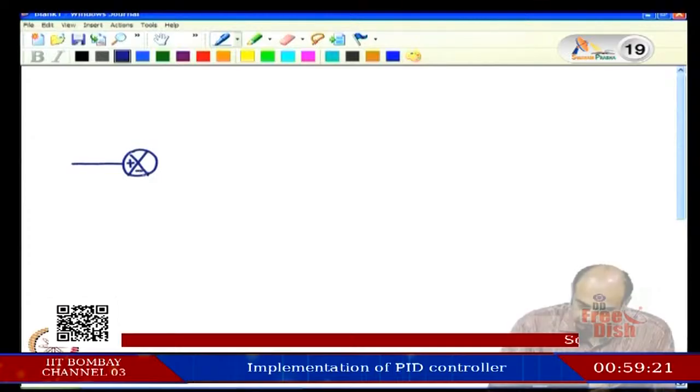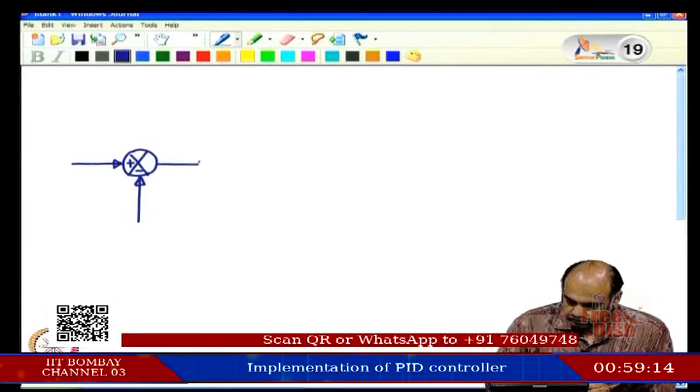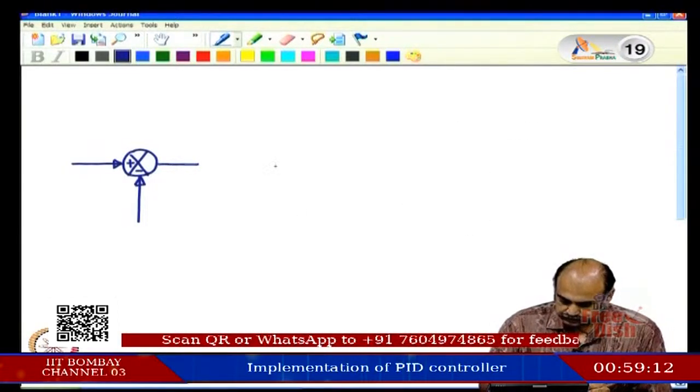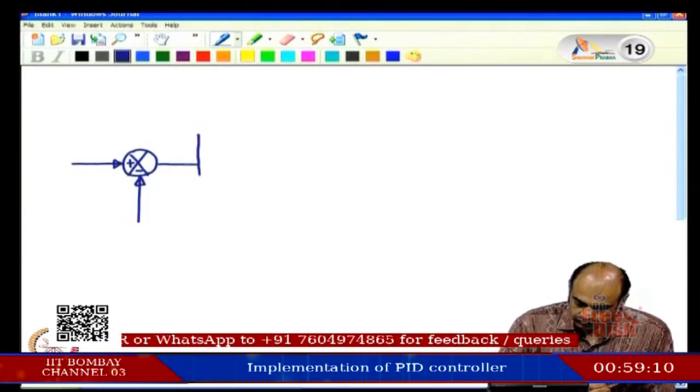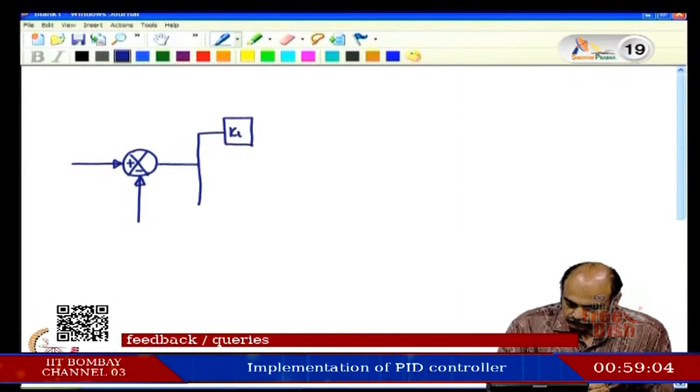let me again bring you back to our block diagram. You may already know this block diagram, but let us write it down once again. We have Ki, the integrator portion.